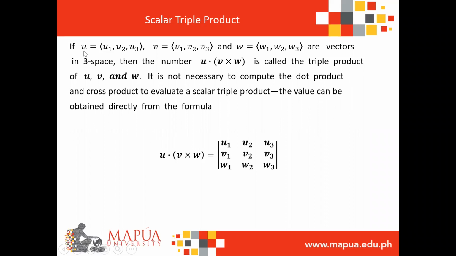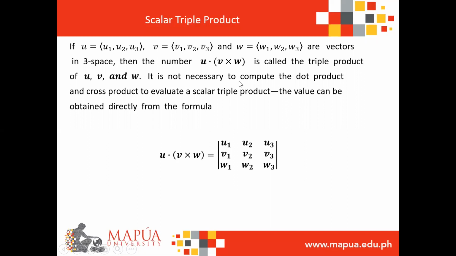It says here, if vector u equals u1, u2, u3 as its components, vector v equals v1, v2, v3 as the components of your vector v, and w equals w1, w2, w3 as the components of vector w. So these are vectors in three space. Then the number u dot quantity v cross w is called the triple product of vectors u, v, and w.